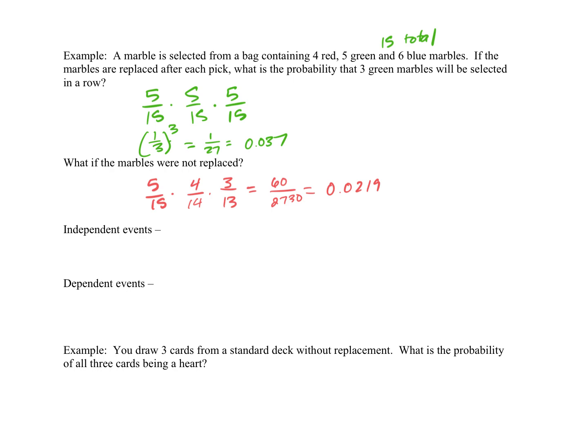Two events are independent if an independent event happens when the first event does not change the probability of the second event.